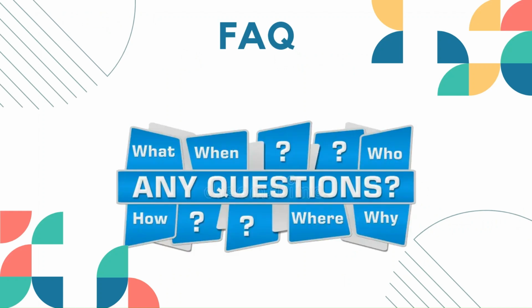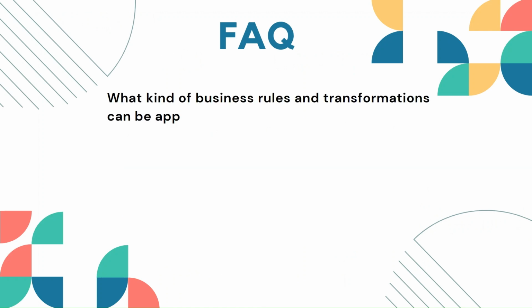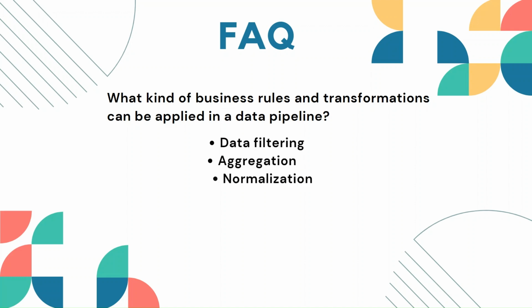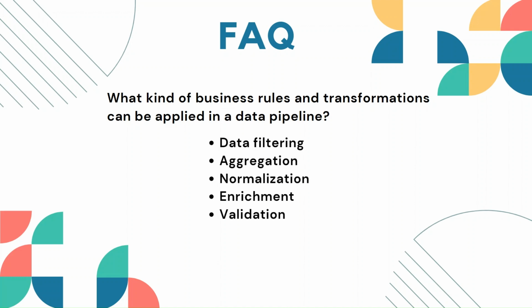Let's look at some frequently asked questions that people might have about data pipeline building. What kind of business rules and transformations can be applied in a data pipeline? In a data pipeline, a wide range of business rules and transformations can be applied, including data filtering, aggregation, normalization, enrichment, and validation.